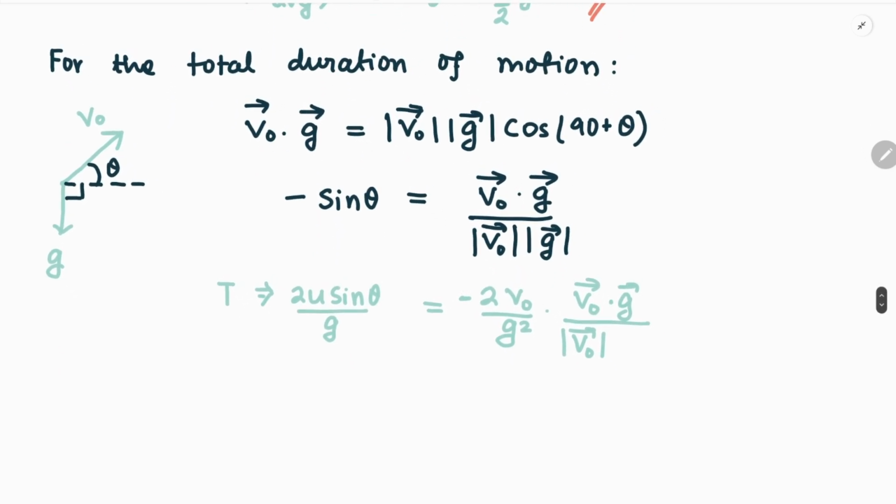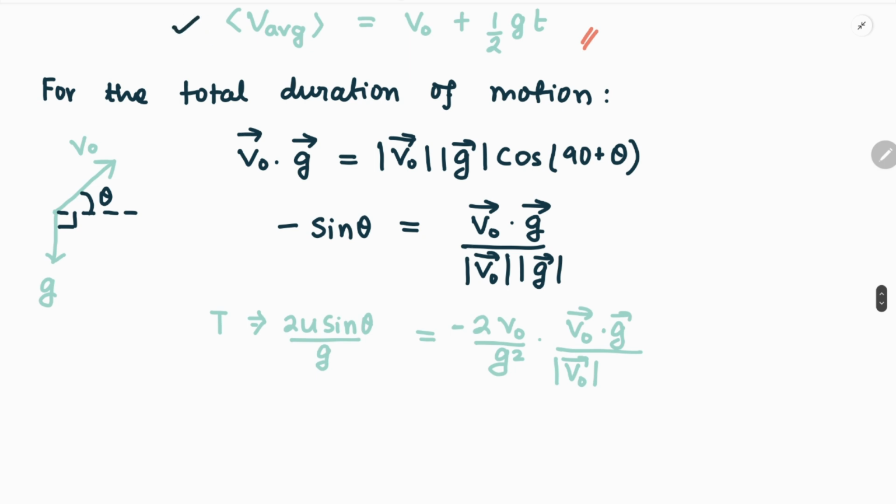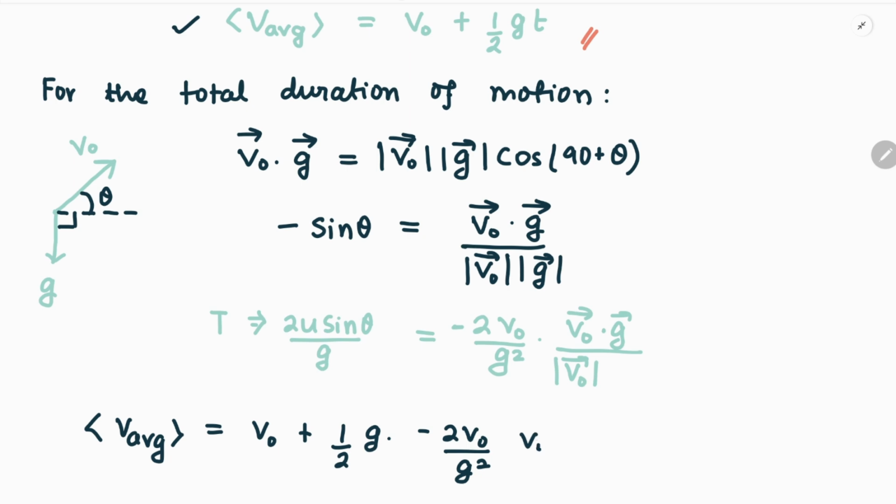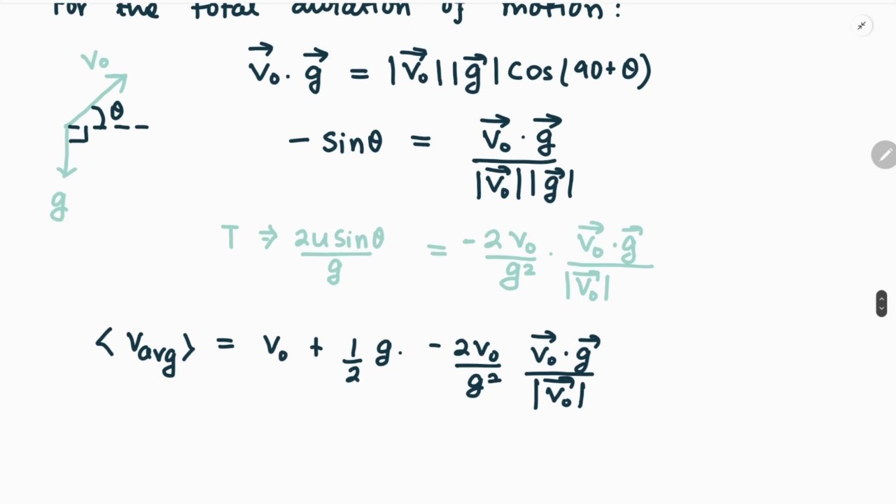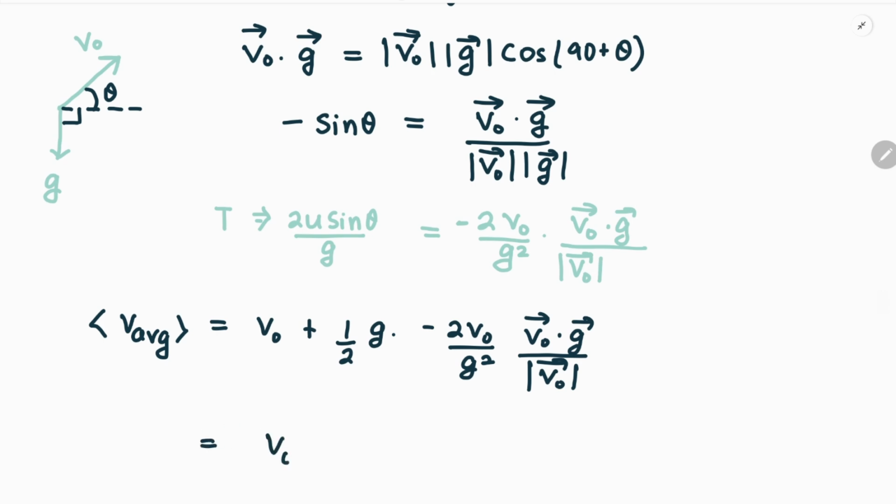If we substitute this in the expression that we obtained for v average, the v average over the entire duration of motion can be written as v naught plus half g times minus 2 v naught dot g over g square. The 2 and 2 cancel, and one g cancels out, so we have v naught minus v naught dot g by g square, times g.